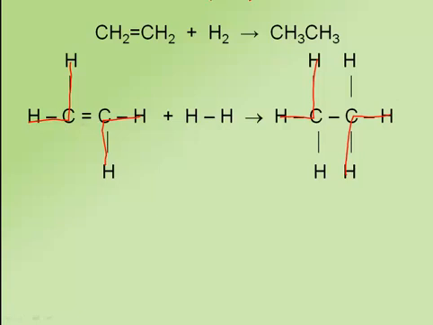So all we really have to account for is this carbon-carbon double bond, this hydrogen-hydrogen bond. We're forming a carbon-carbon single bond, and we're forming a C to H bond in two places.